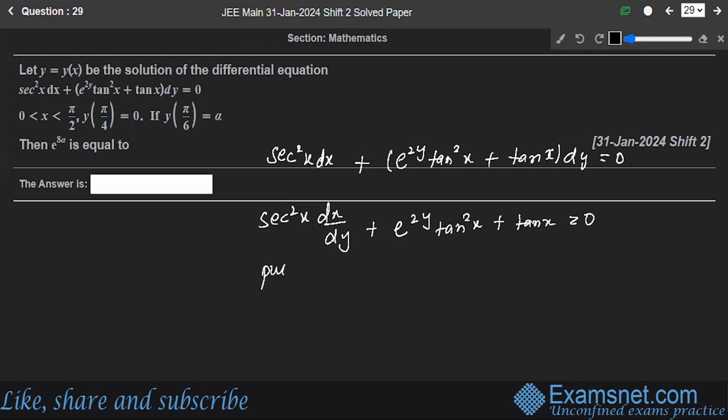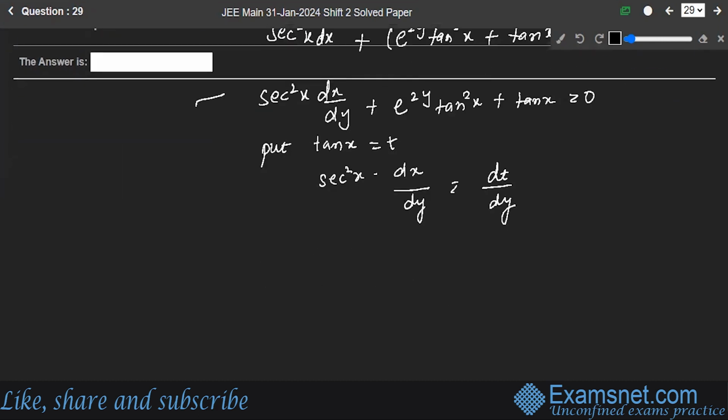Let's put tangent x is equal to t. You will have secant square x dx upon dy is equal to dt upon dy. So this makes this expression as secant square into dx by dy equal to dt upon dy, plus e raised to power 2y into t square plus 1, this is equal to 0.